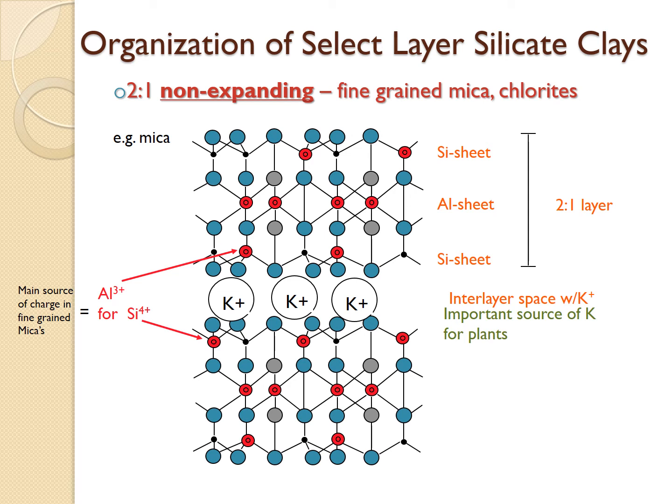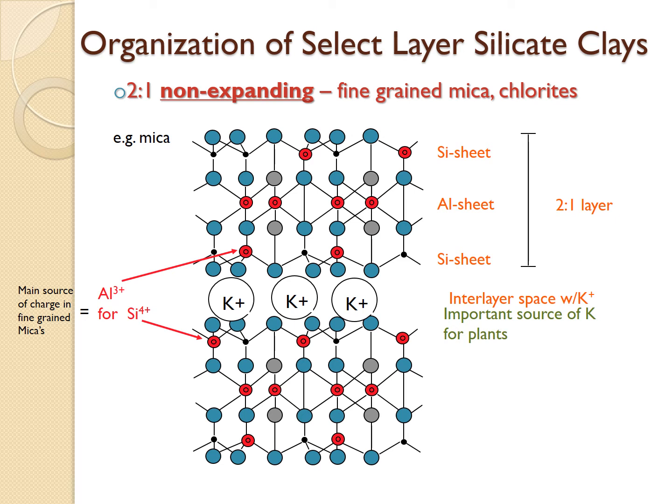So now I'd like to talk about the 2-to-1 non-expanding clays. Okay, so a 2-to-1 again has two tetrahedral sheets and one aluminum sheet sandwiched in the middle. So we have one tetrahedral sheet up here, and then an aluminum sheet, and then a silica sheet.